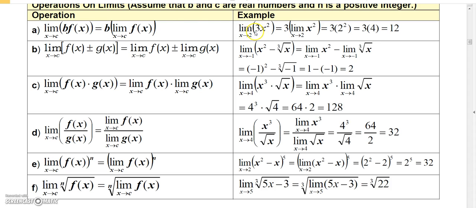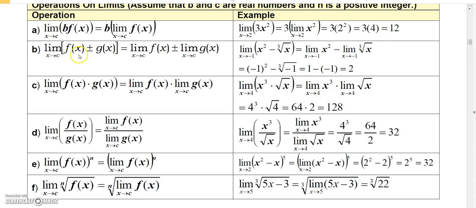So in other words, if I wanted to take the limit of 3x squared as x approaches 2, I could take the limit of x squared as x approaches 2 and then just multiply it by 3. So that would be 3 times 2 squared, because we saw this property up above. So we'd have 3 times 2 squared, which is 3 times 4, which is 12.